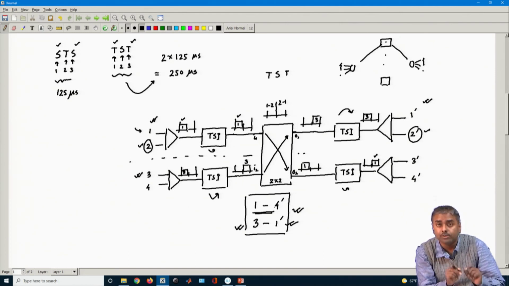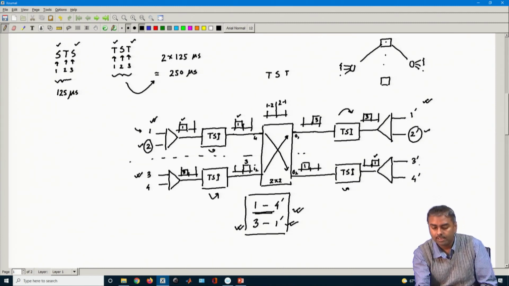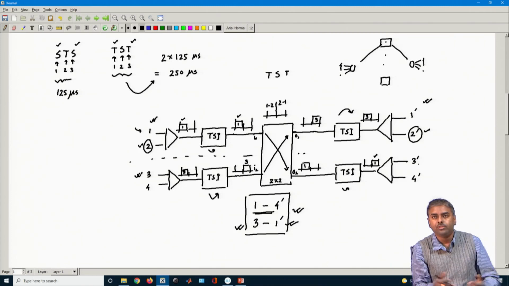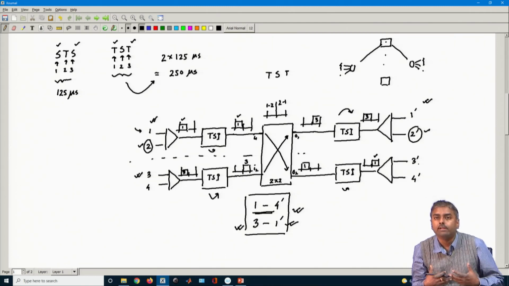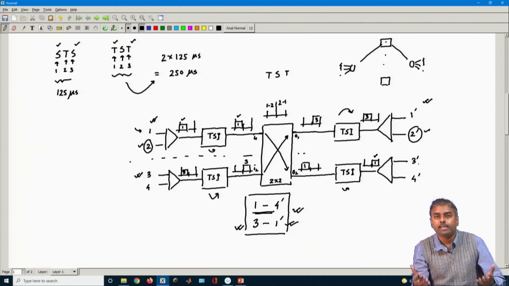At the first TSI, I do not move anything. I keep it as it is, then I do a cross connectivity in the first slot, 1 to 2, and then I swap it in the next one and I get to 4 dash. In the second one, I want to connect 3 to 1 dash. I choose randomly, and I should be able to do switching whichever way I wish.